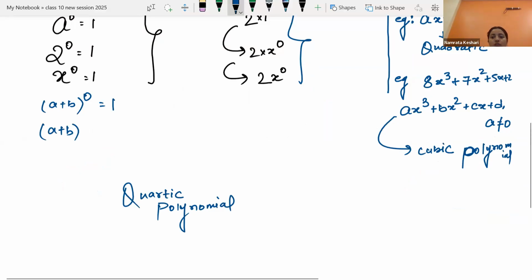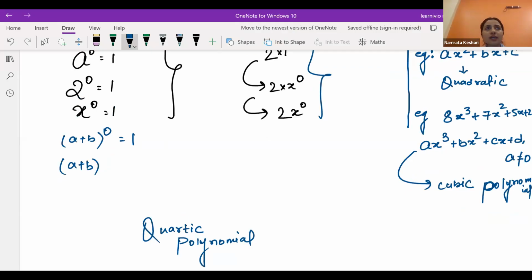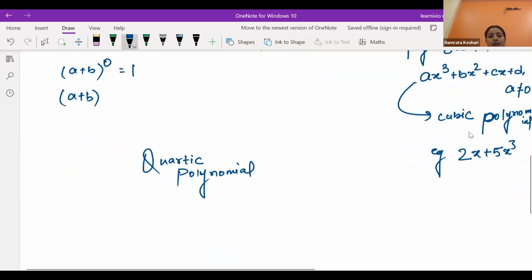So your cubic polynomial can look like 2x plus 5x cube, which is not arranged, right? But in general, this is the standard way of taking it.